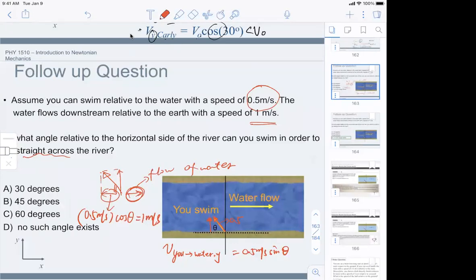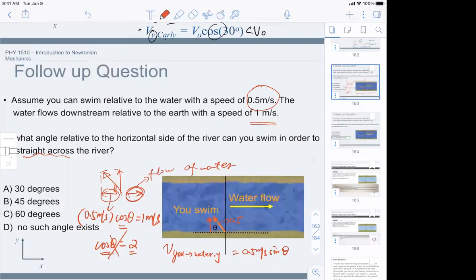You can see it's very similar to what you said, but I would set it equal to the cosine theta. So the cosine theta would be 1 over 0.5, which is 2. And can we get a cosine theta that's equal to 2? You can see that no such angle exists, right? The largest value for cosine of something is 1.